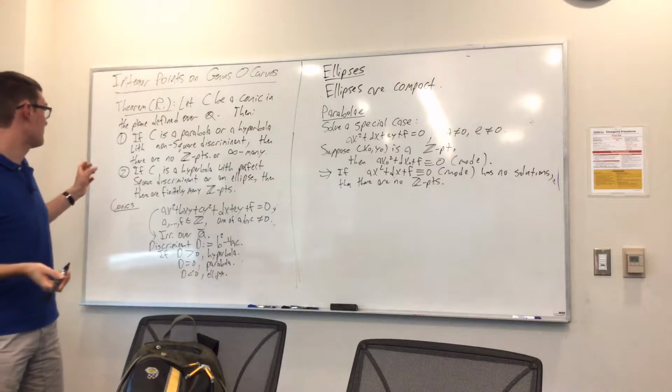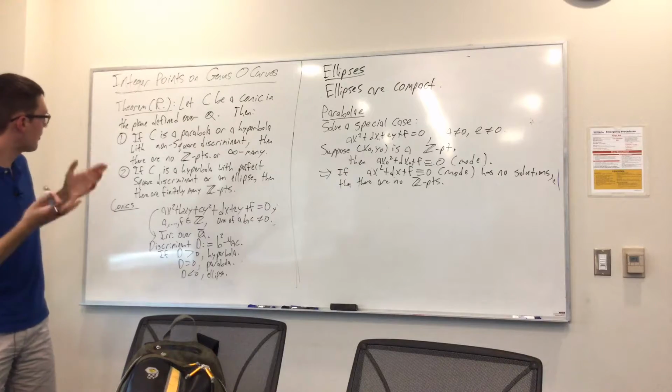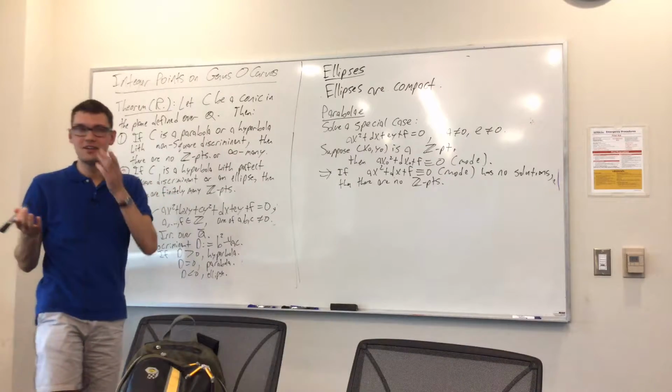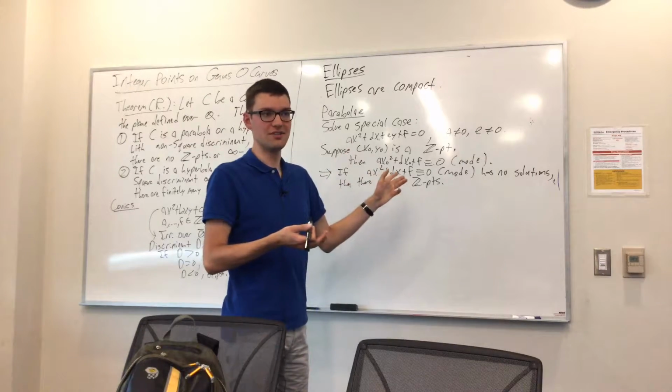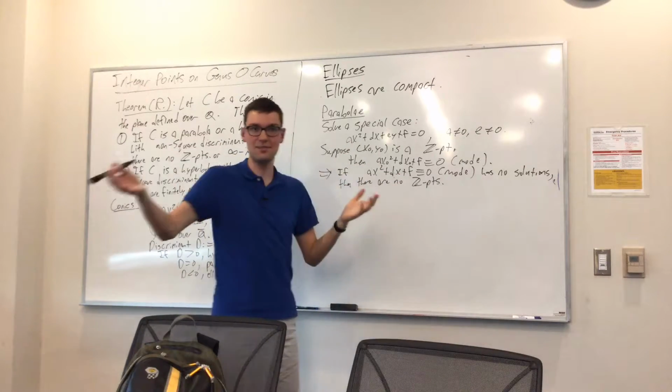So that's sort of half of what I promised. There's either got to be no integer points or infinitely many. So the converse is true as well. So if this has a solution, then in fact I get infinitely many integer points.